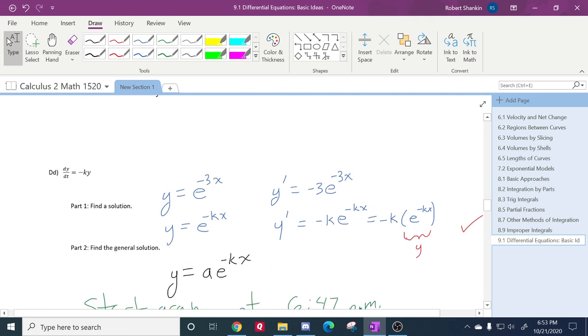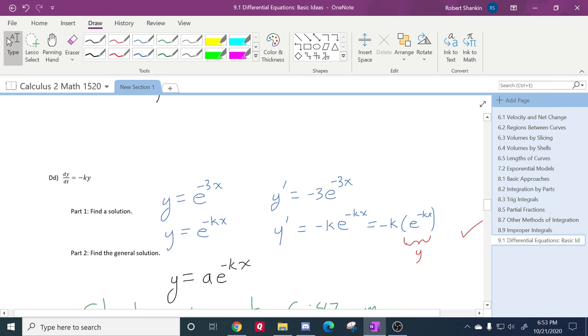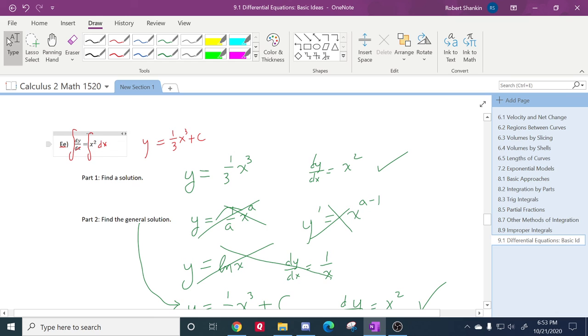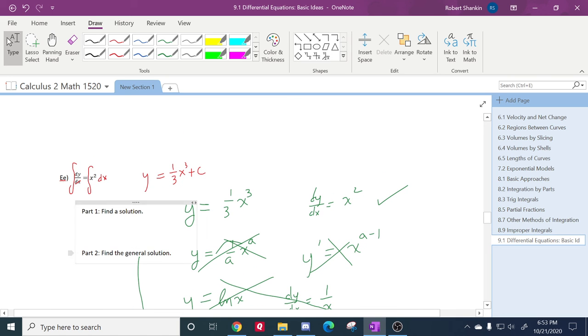We could loosely say that the left-hand side has the derivative of y, so in that sense, yes, this is a differential equation because it involves y prime. But it's a much simpler differential equation because all we have to do is integrate both sides if the only thing on the right-hand side is the input variable.